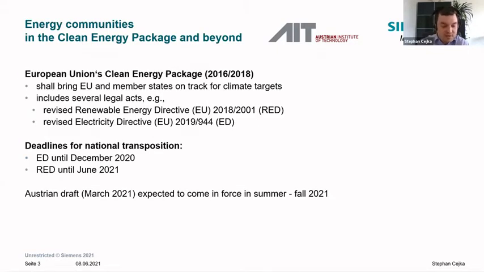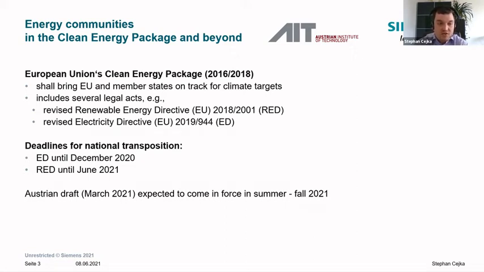So energy communities were first mentioned in 2016 in the European Union's clean energy package and decided in 2018. The clean energy package aims to bring the European Union and its member states on track for the 2030 climate targets.